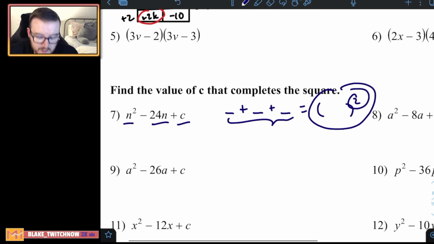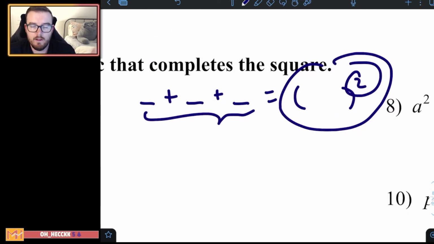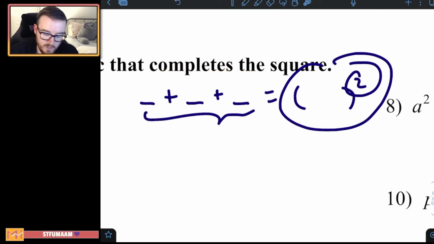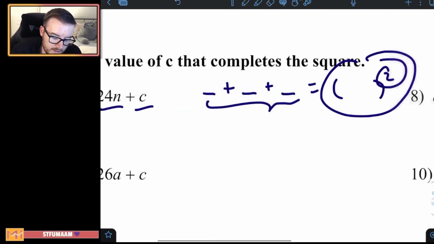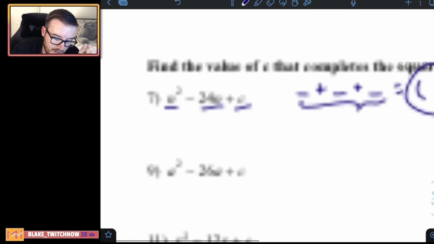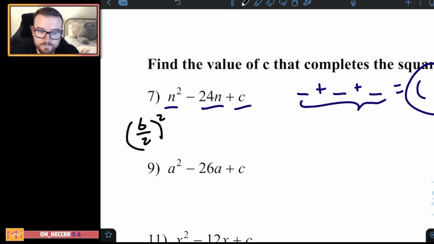If you want to write down my scribbles, you can. If you just want to soak that in, don't write it down, just remind yourself. Completing the square means to turn a trinomial into something like this. And there's always a quote-unquote magic number that completes the square, and that magic number is always b over 2 squared.